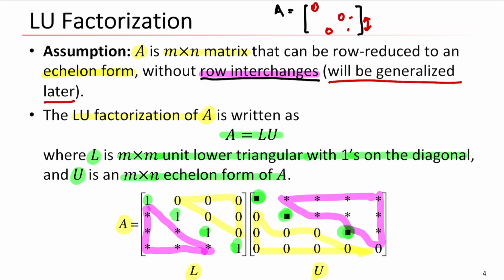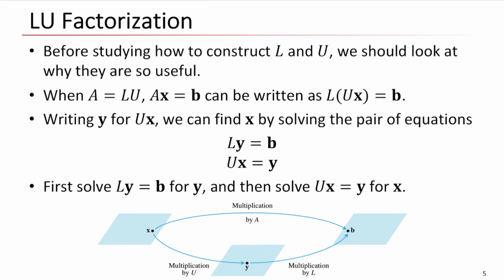From now on, let's talk about what the matrix L and the matrix U are, what kinds of properties they have, and how we can solve the matrix equation by using the LU decomposition technique. Before starting on how to construct L and U, we should look at why they are so useful.